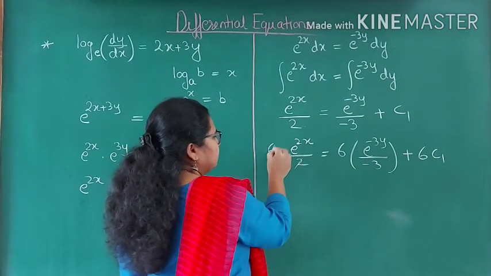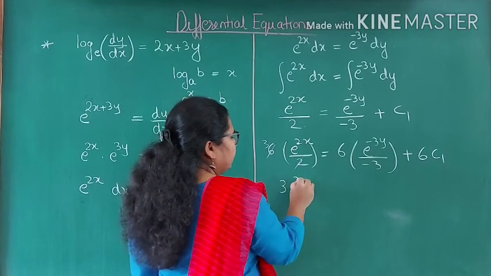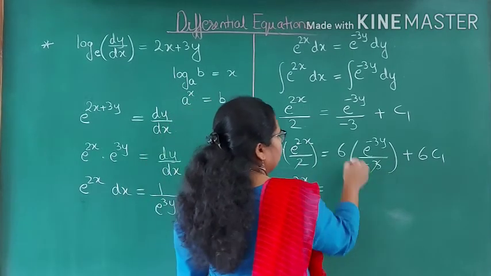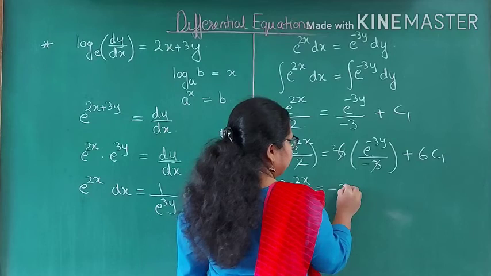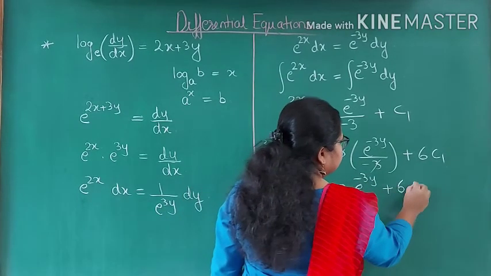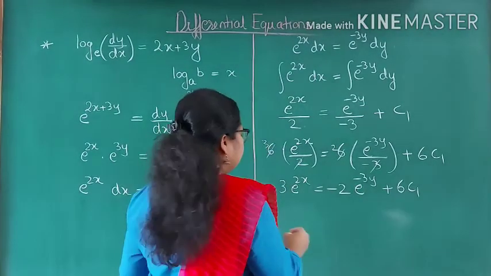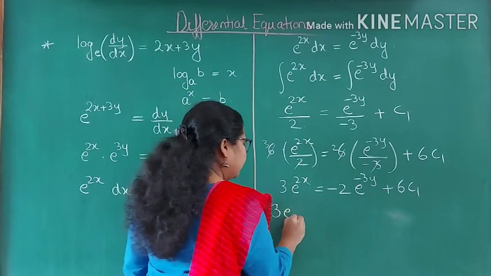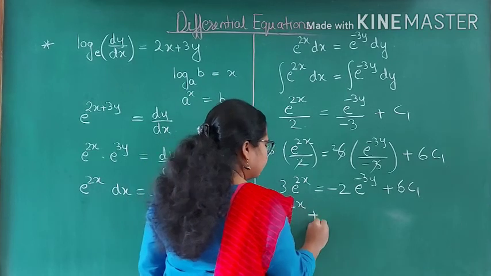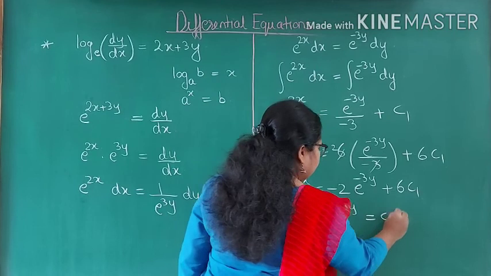This gets cancelled by 3, so you get 3 e raised to 2x is equal to, the minus sign stays, minus 2 e raised to minus 3y plus 6c1. You can take this term to the other side, and it becomes 3 e raised to 2x plus 2 e raised to minus 3y is equal to c.